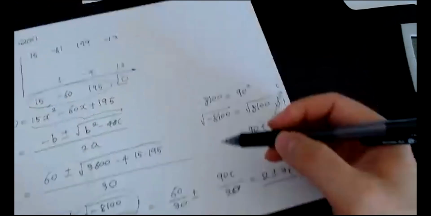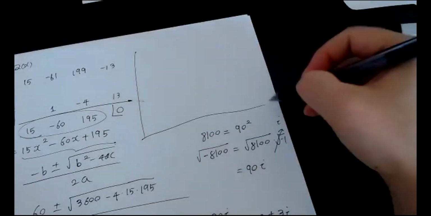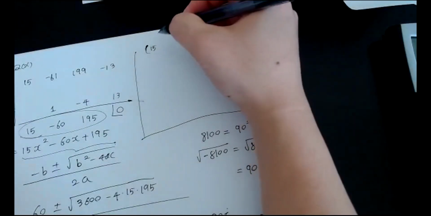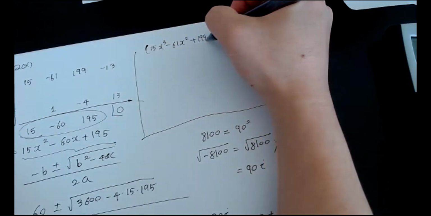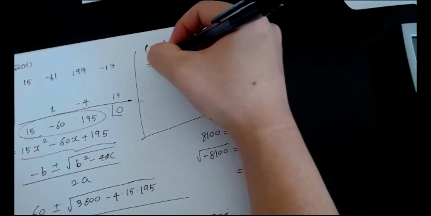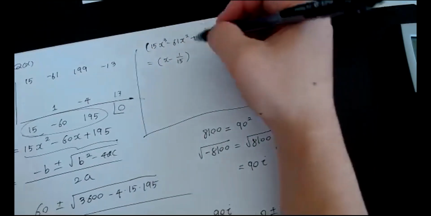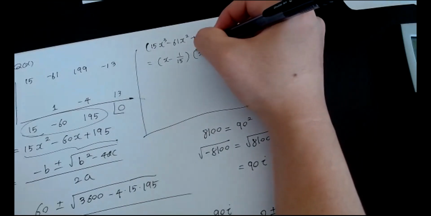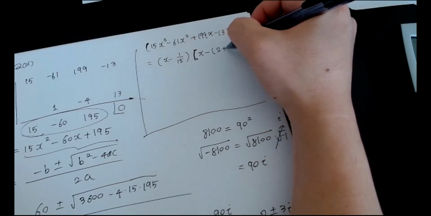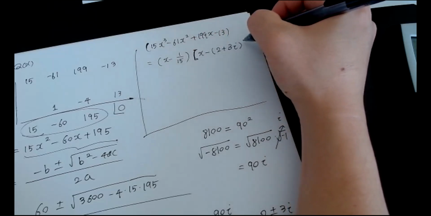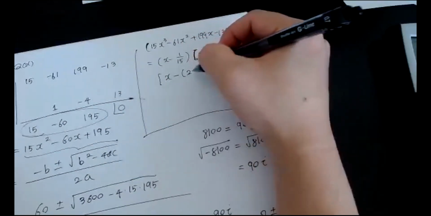So now we can express the polynomial 15x cubed minus 61x squared plus 199x minus 13 as x minus 1/15 times q of x, which can be expressed as x minus 1/15 times x minus (2 plus 3i) times x minus (2 minus 3i).